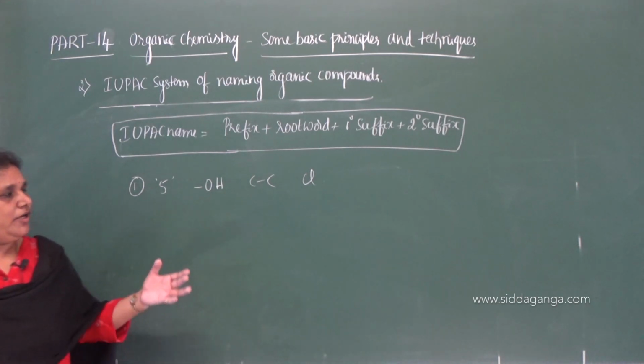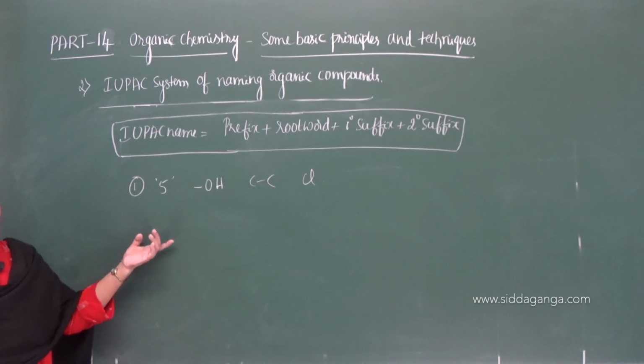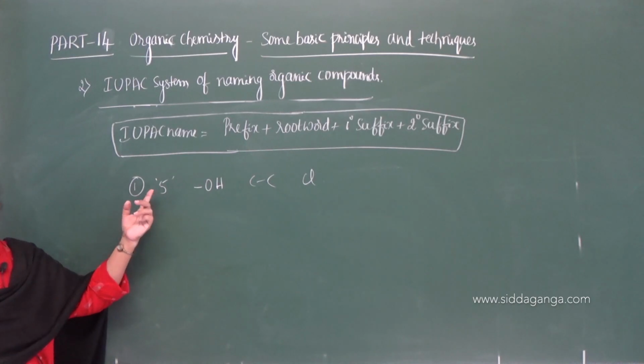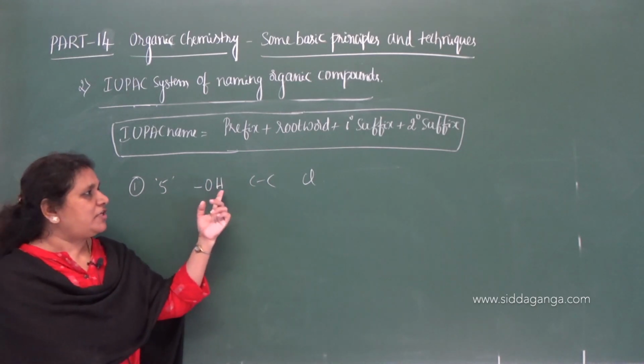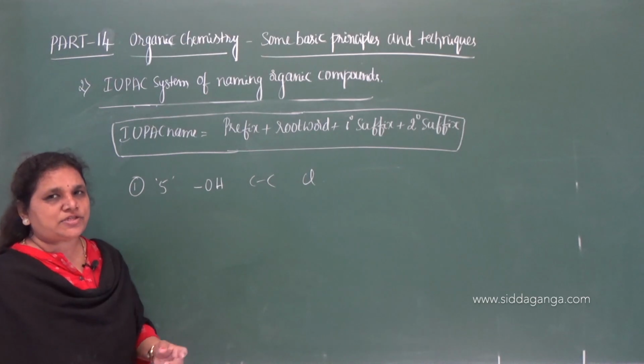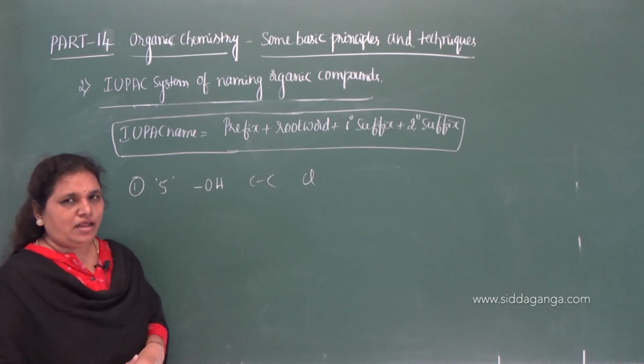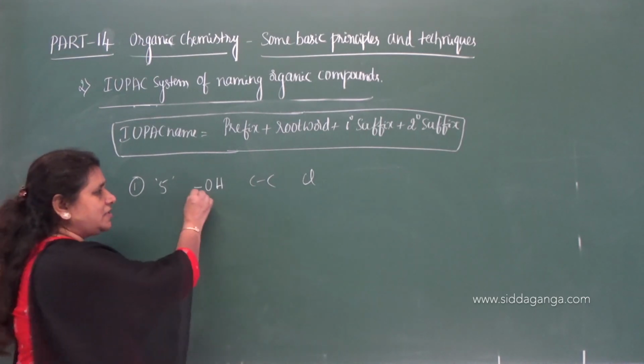Then how do we give the IUPAC name? By using the three parts. The root word for 5 carbon atoms is pent. What is the nature of the carbon chain? Saturated, therefore we take the primary suffix as ane. What is the functional group?